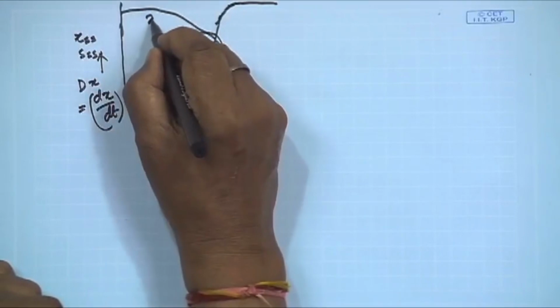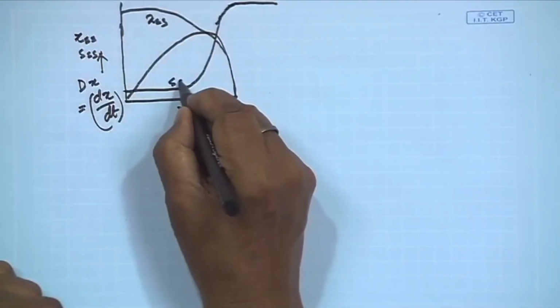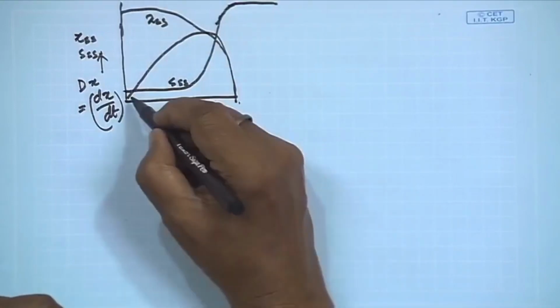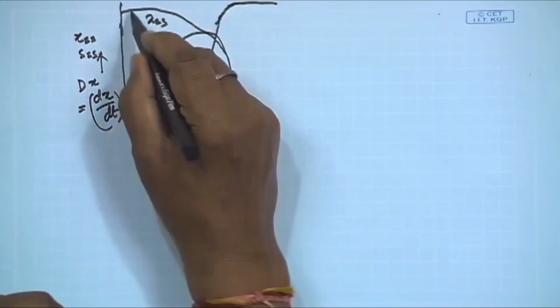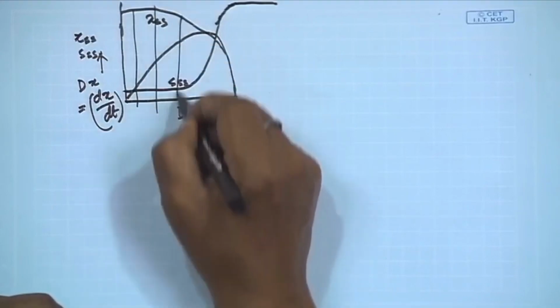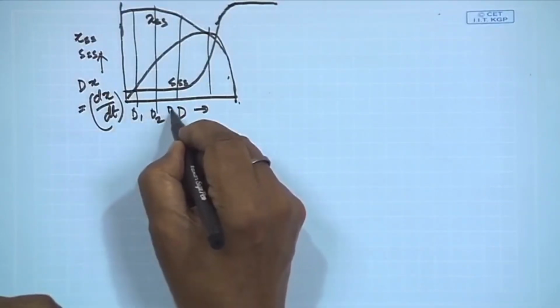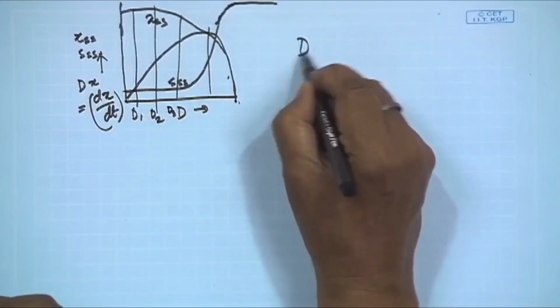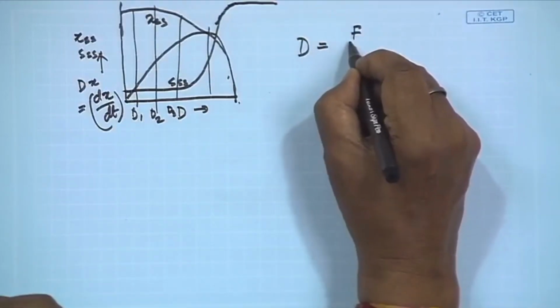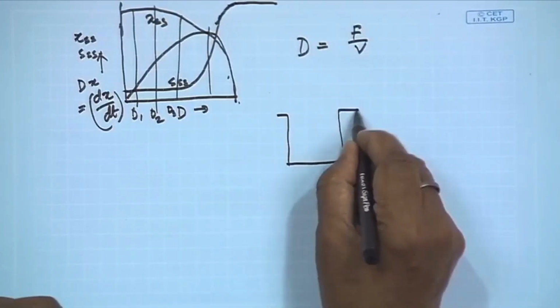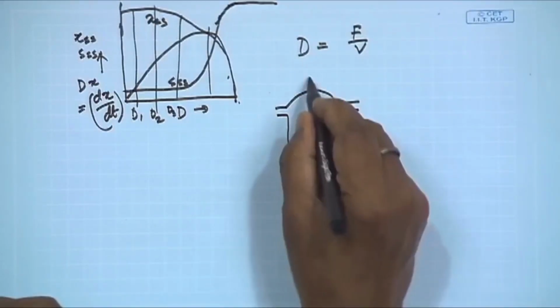This is very important because the dilution rate increases; this is D1, this is D2, this is D3. Now I told you the dilution rate is equal to what? F by V. So in the case of any kind of chemostat, suppose this is the chemostat.